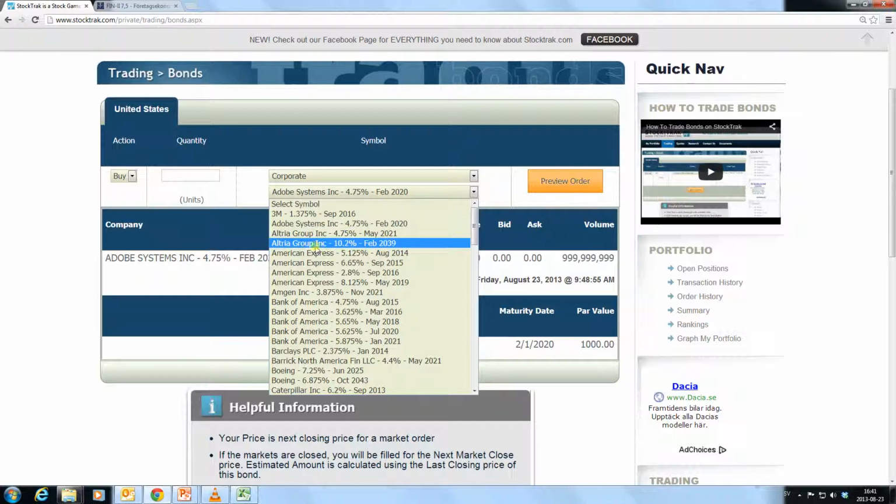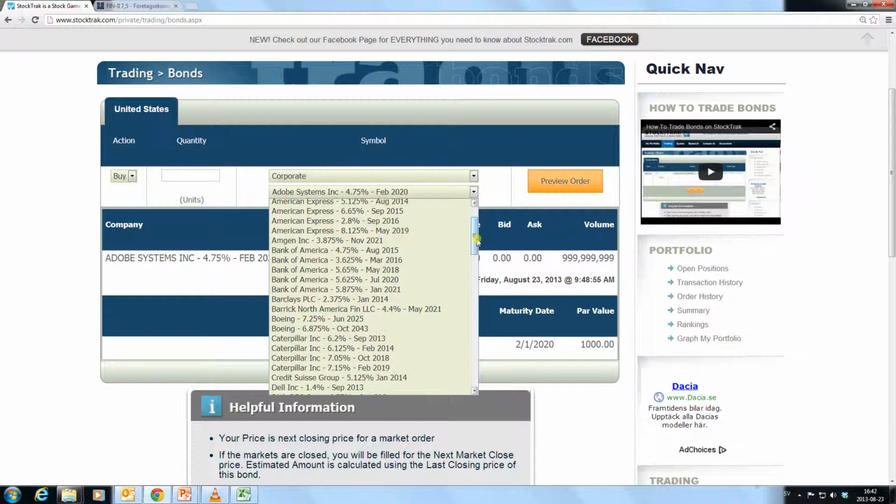But I could look at Ultra Group Incorporation, that has quite a long time to maturity since it doesn't mature until 2039. Now, if I look through all of this, I would find that the one that fits my profile, more than a 5% coupon rate and the longest time to maturity, is Boeing, that has a coupon rate of 6.875% and matures in October 2043.